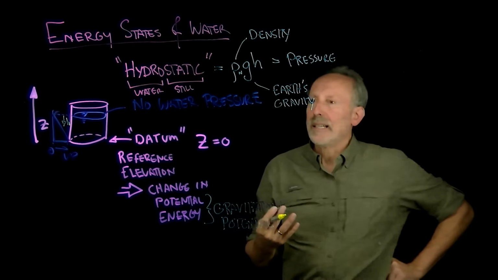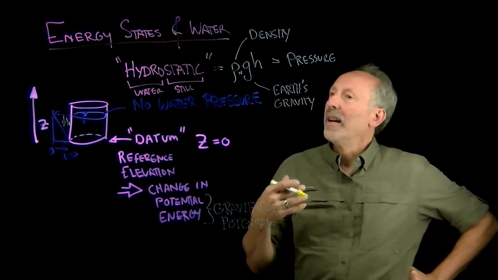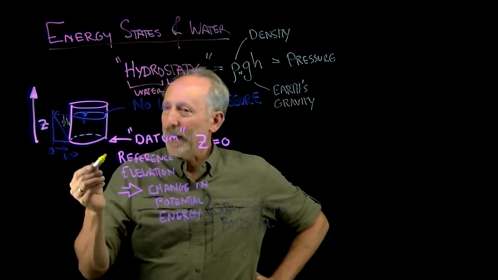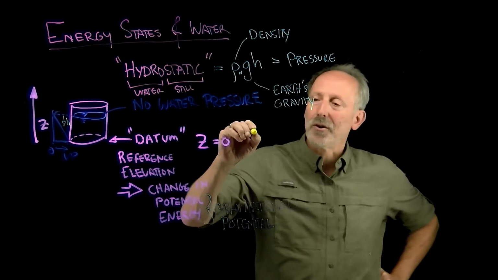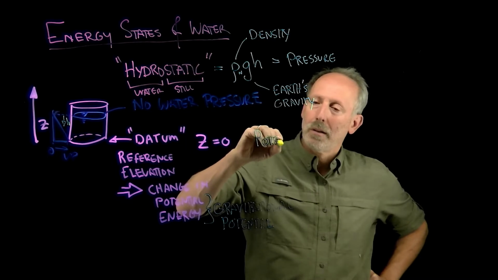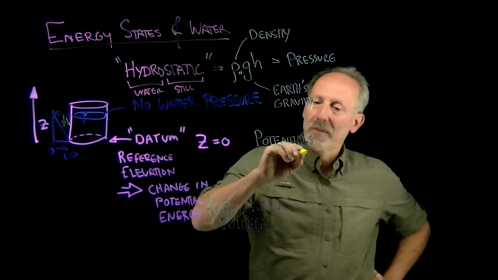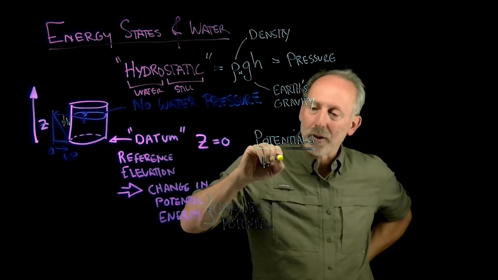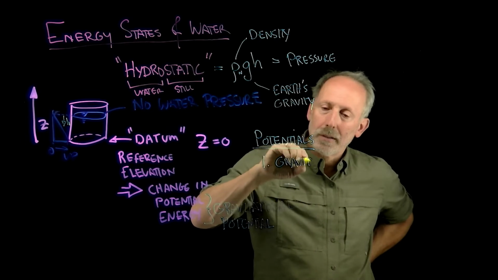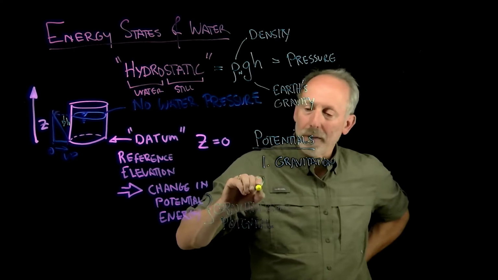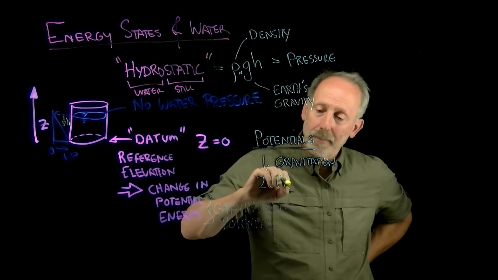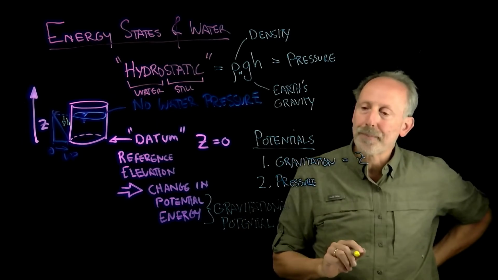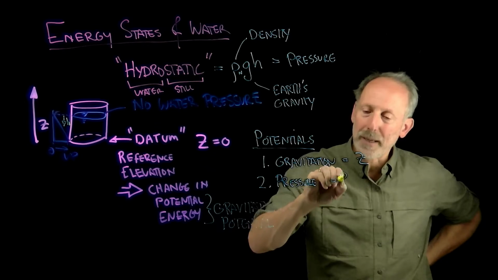And so what we immediately see is that we have two forms of energy. We have elevational energy and we have pressure energy, or potentials. We would call these two potentials. One of them is gravitational and one of them is pressure. Gravitation, we indicate with a Z. Pressure, we're going to indicate with a P.